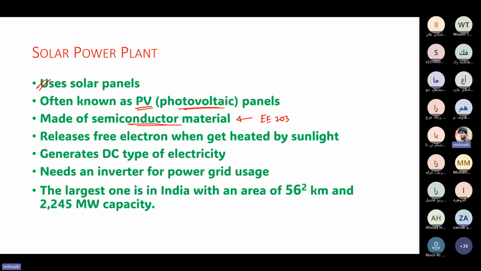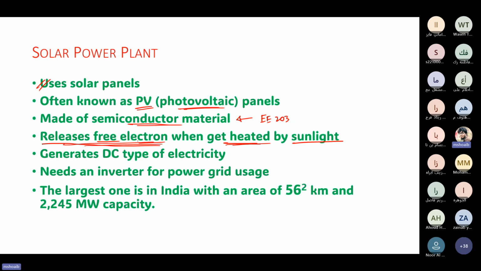The idea is that whenever sunlight is exposed on the PV, it releases free electrons. Whenever the surface of the PV cell gets heated, it releases the free electron in the PV panel.